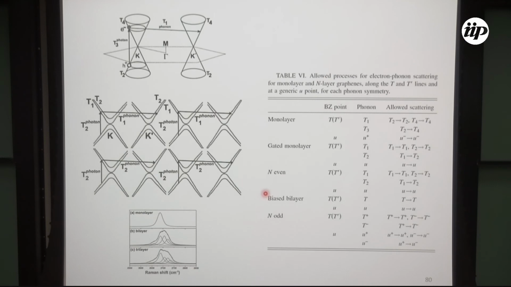We can calculate more different things, like double resonance process, like second order Raman bands. This involves phonons, so we can put the phonon symmetry, and then we go, for example, T2 to T2, T4 to T4. You just follow the pathway.